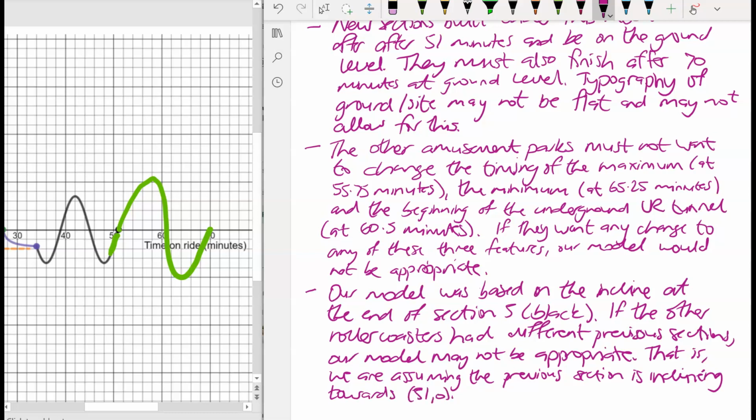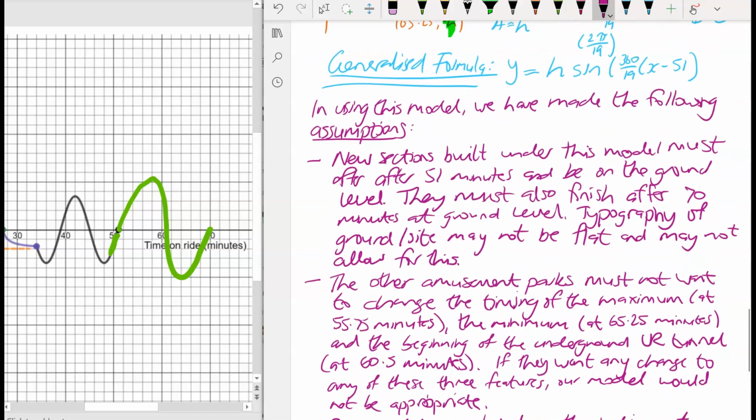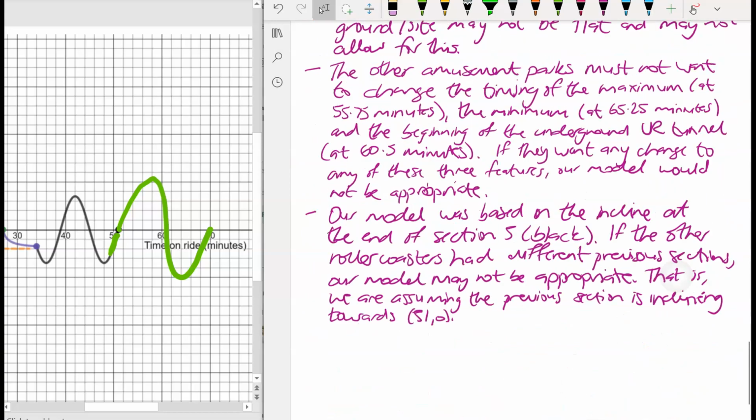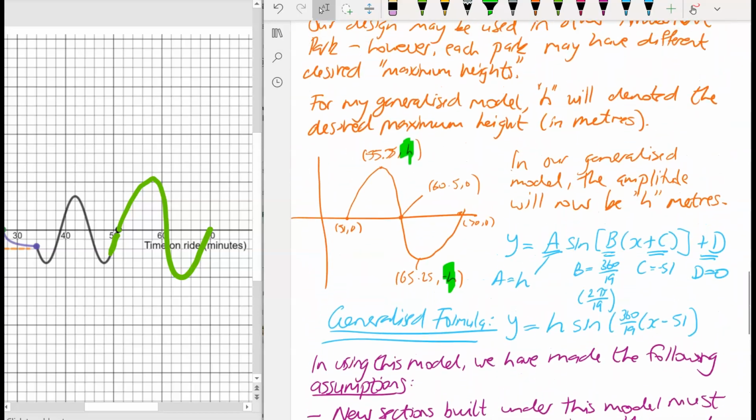So if that incline isn't present, our model will not work. So I think those are three assumptions that suit the context quite well.